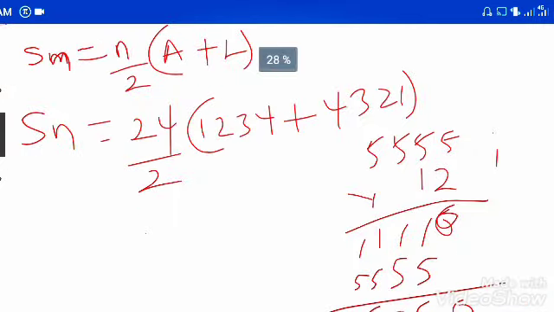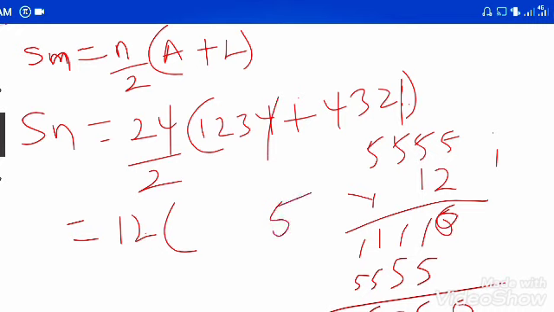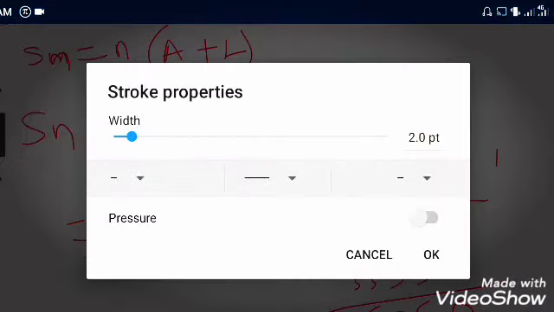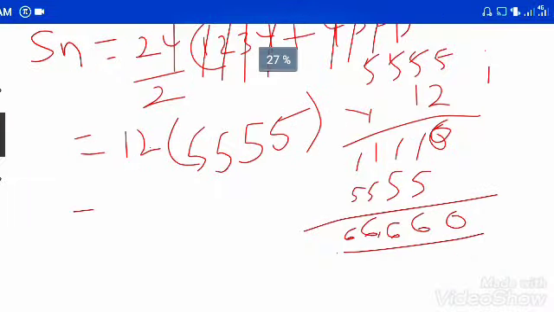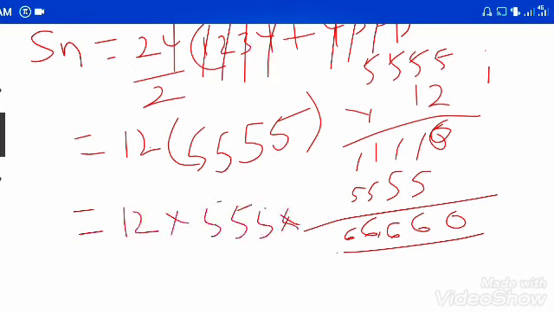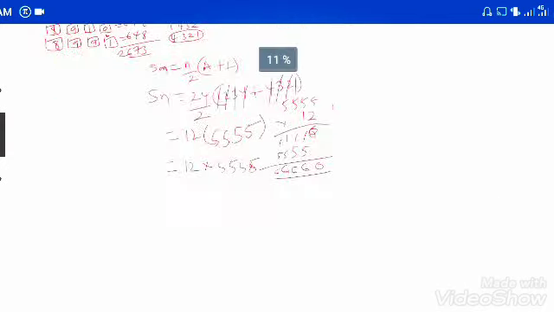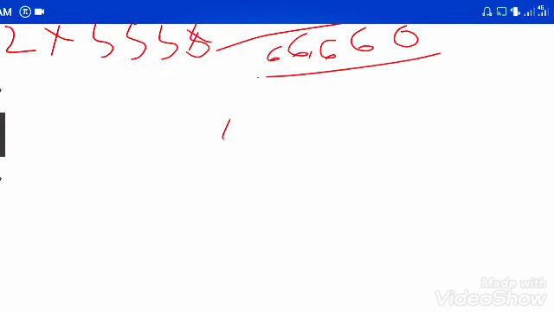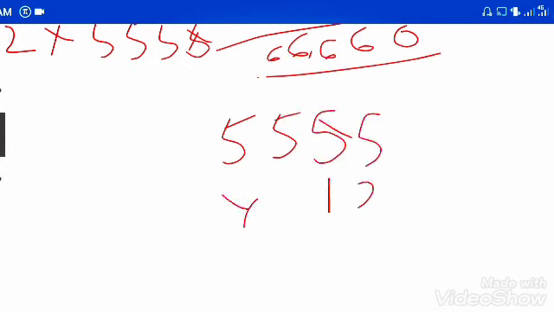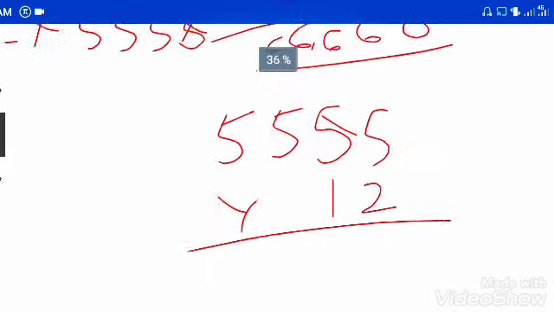So here we're going to be having 12 into 1 plus 4 will give us 5, 2 plus 3 is 5, 3 plus 2 is 5, and 4 plus 1 we have 5. Now we're going to get 12 times 5555. Now like I said, as much as you can, try not to use a calculator. So we have 5555 times 12. 2 times 5, that gives 10.